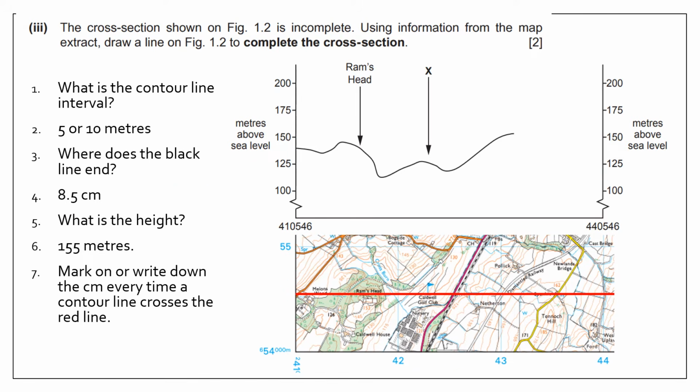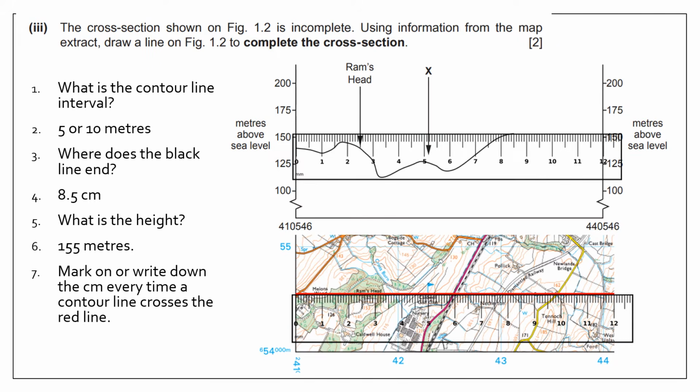So first thing you need to do is work out where the black line ends, and that ends at 8.5 centimetres. And so I'm going to start labelling the contour line intervals at 8.5 centimetres on my map. This height is 155 metres. And so I'm going to mark on or write down every time a contour line crosses that red line for the centimetres.